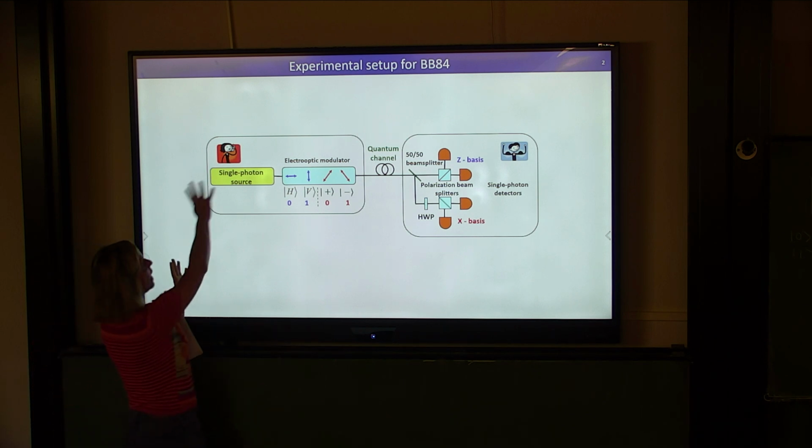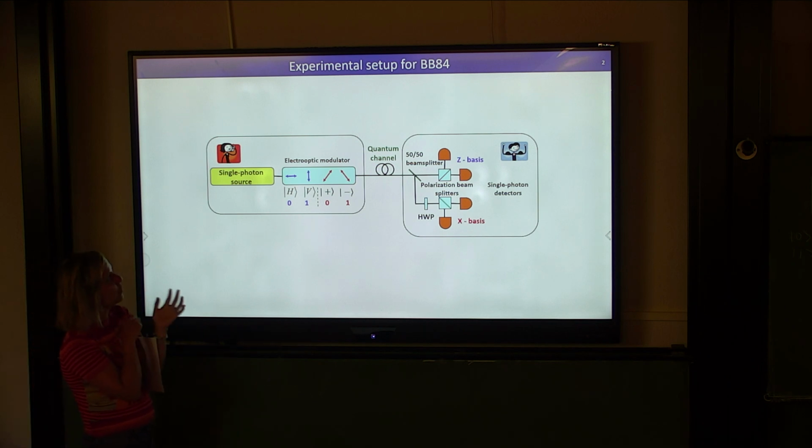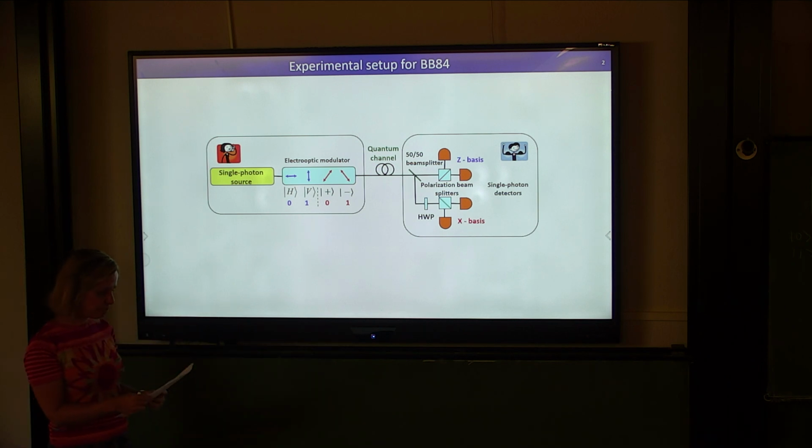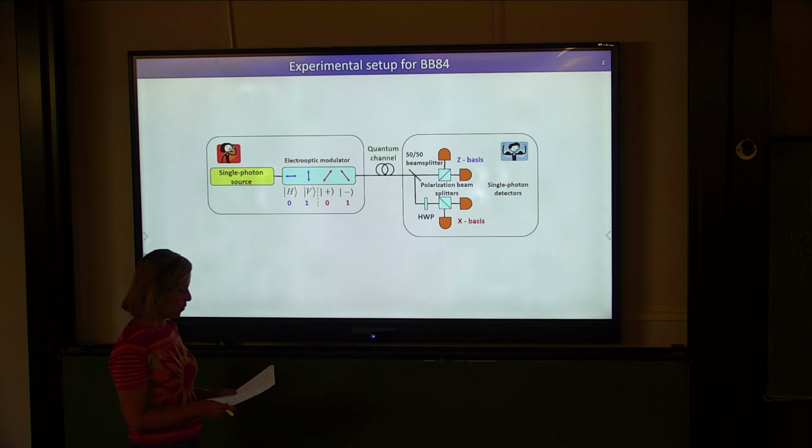So that's why I'm telling you, there's not a single way of doing experiments, but the components are more or less what you see here. Okay, so this is an example of how you can do BB84.